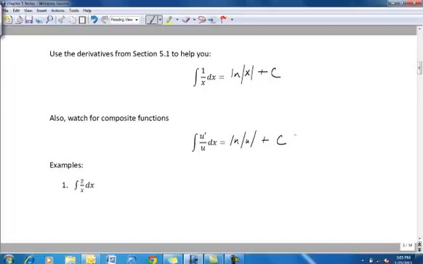So we will look at this pattern a lot. The bottom line, the pattern is this: if you have a fraction, and the derivative of the bottom is in the top, or something that we could turn into the top, then the answer to that integral is going to be ln of u plus c.